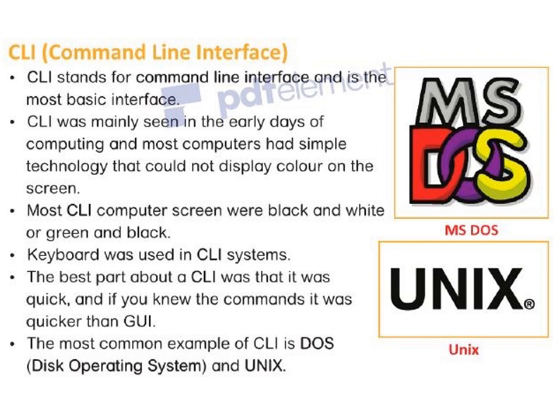Most CLI computer screens were black and white or green and black. Keyboard was used in CLI systems. The best part about CLI was that it was quick, and if you knew the commands, it was quicker than GUI. The most common example of CLI is DOS or the disk operating system and Unix.